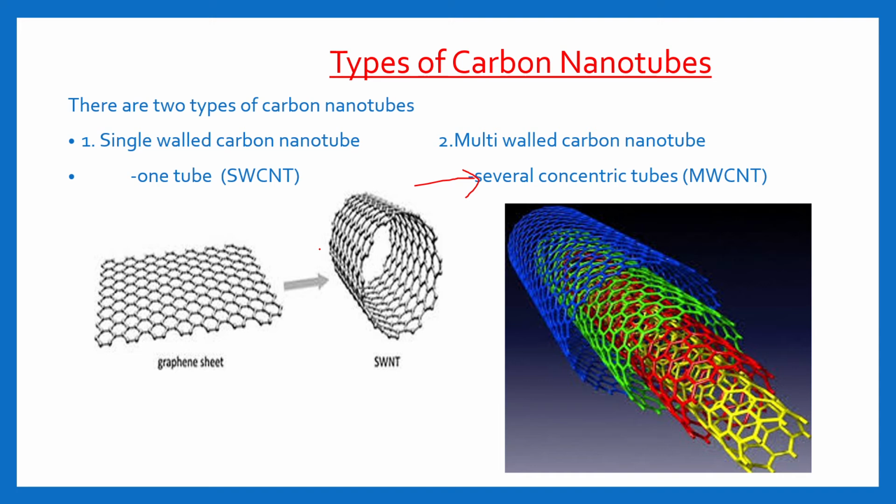These SWCNTs align themselves in order to form the multi-walled carbon nanotubes. Well, if they align themselves, then what is the bonding between them? You might get a question. They align themselves through non-bonding interactions, that is, by the van der Waals forces between them.